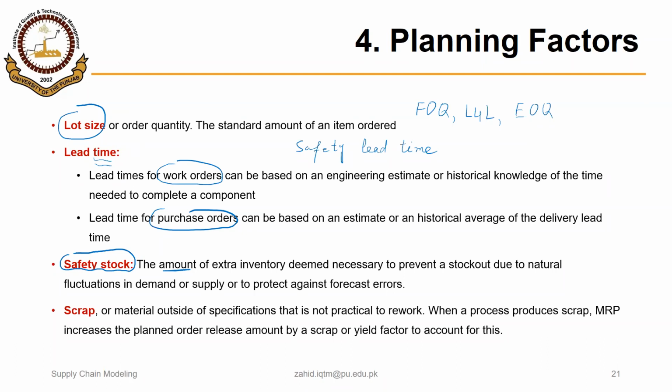Scrap is material outside of specification that is not practical to rework. When a process produces scrap, MRP increases the planned order release accordingly to account for this factor. That is the basic point. Based on historical data, you know the quantity of scrap, so you can add that factor to the planned order release.